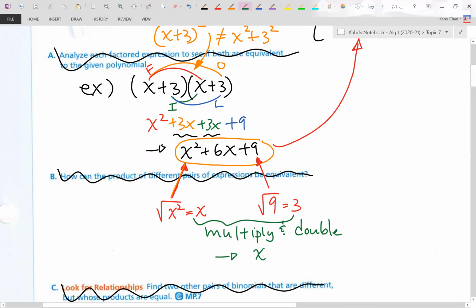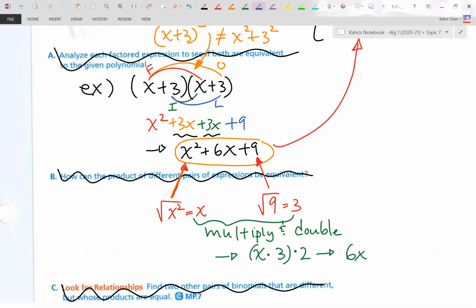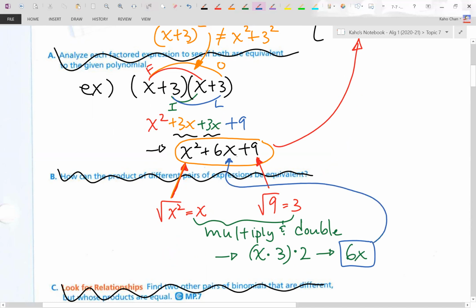So x times 3 times 2, you'll get 6x. And that is, ladies and gentlemen, the middle term. It checks. The middle term is bx. And if that check works, that means it is a PST.